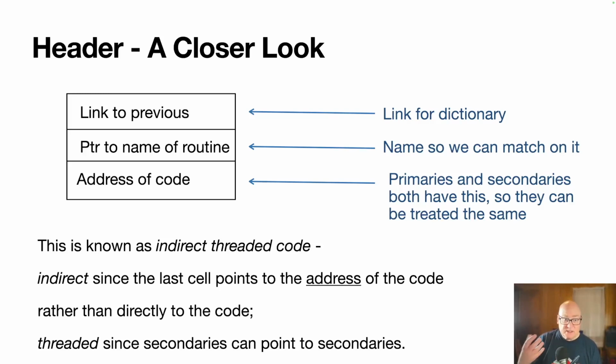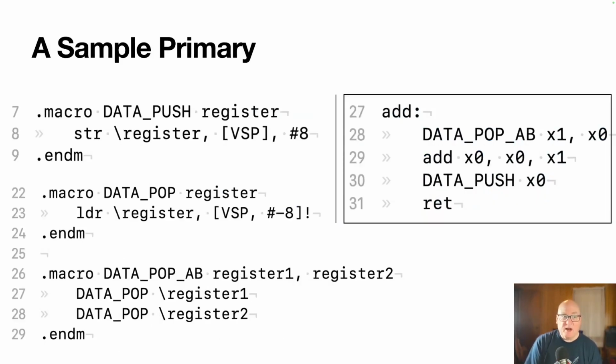The whole setup is indirect threaded code. Indirect, since this last cell points to the address of the code, not the code itself. That's the indirection. And then it's threaded, since secondaries can point to other secondaries, and it forms this big kind of tree structure implicitly.